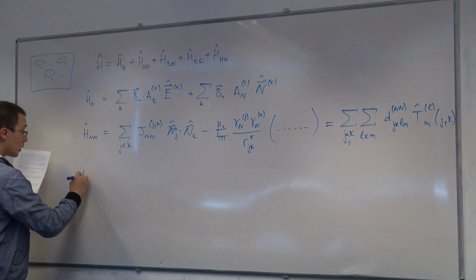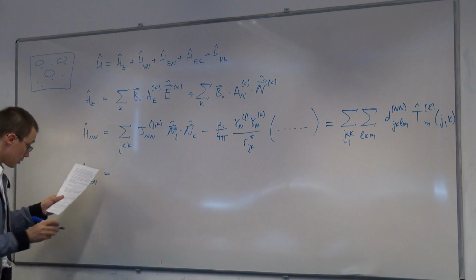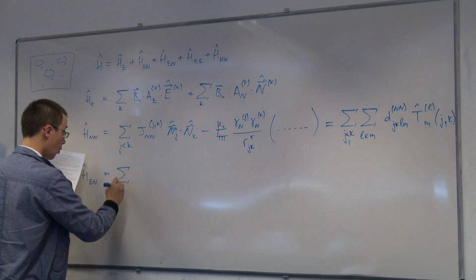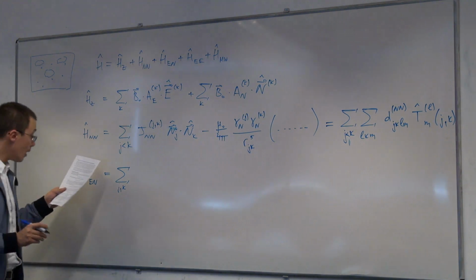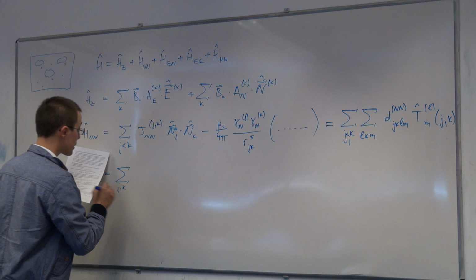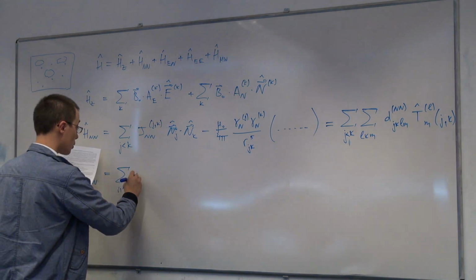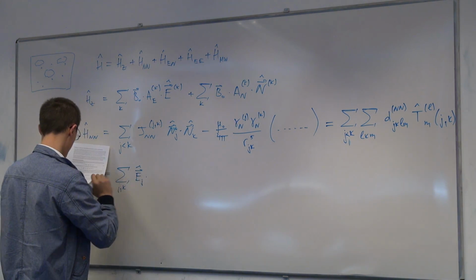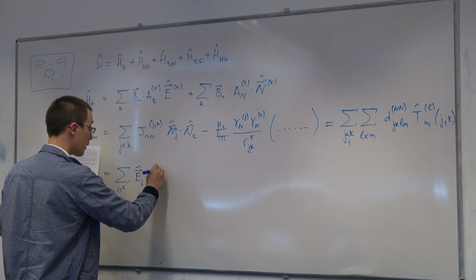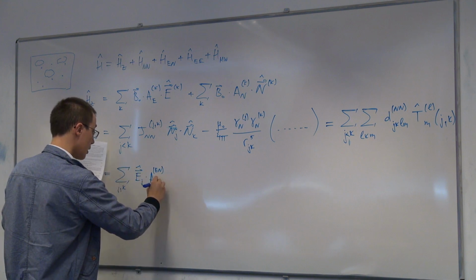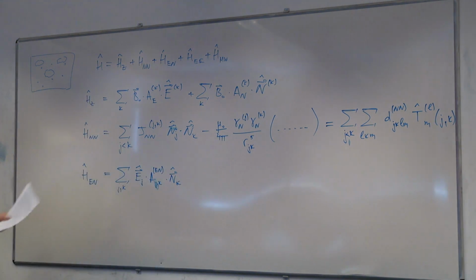Now for the electron-nuclear H_EN, we just have the hyperfine coupling, so we will have to sum again over J and K, where J runs over the electrons and K runs over the nuclei. And usually everything interacts with everything because the electron-nuclear dipolar interaction is very long range. And so we would have the E_J vector operator, times A_EN, the electron-nuclear interaction, then JK, and then I_K interacting with the K nucleus.